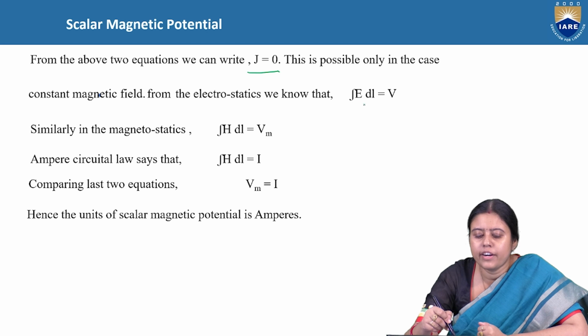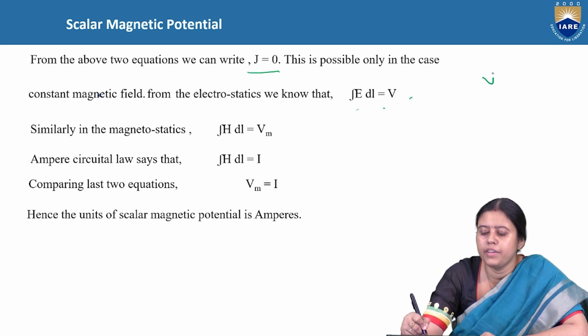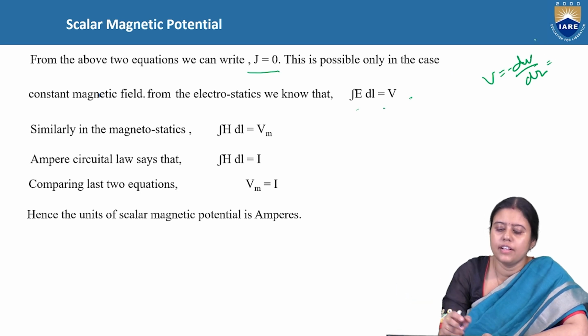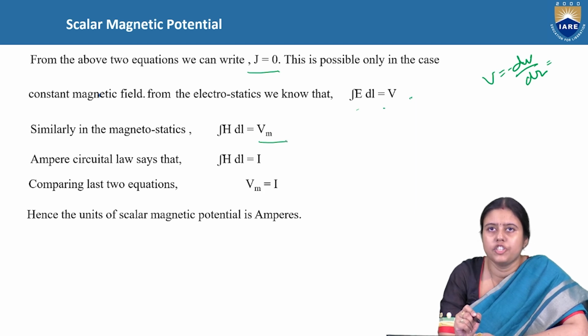We know from electrostatics integration of E dot dl is equal to V, because E is equal to minus dV by dr. Similarly, we can write integration of H dl is equal to Vm. What is Vm? Vm is nothing but the magnetic potential.